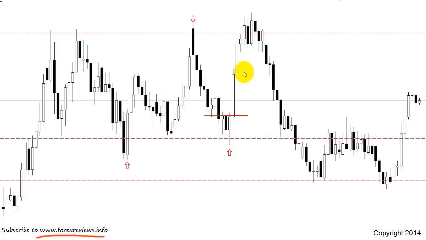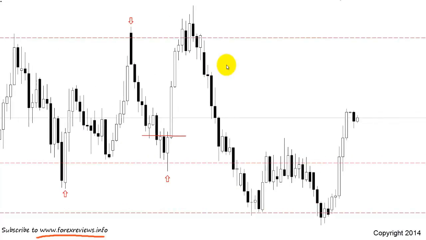And the rewards are exceptional. And so, eventually, it turned over. And you could have entered on this candle, because we had a nice engulfing candle that broke the lows. And then what happened? The market went down. Recovered your loss. Just stick to the process.